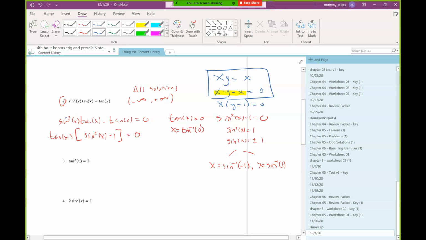So I'm just taking a greatest common factor of tangent x. Does that make sense? Do I need to explain it a different way?